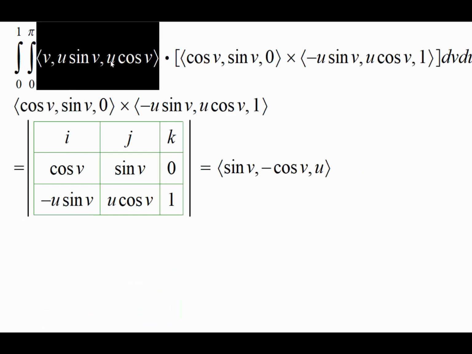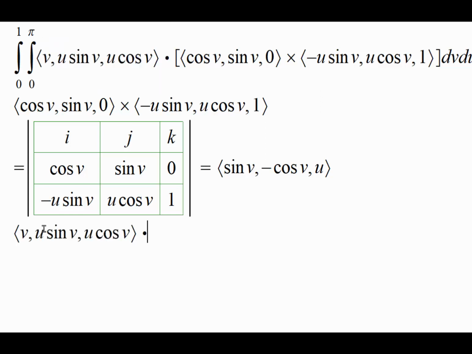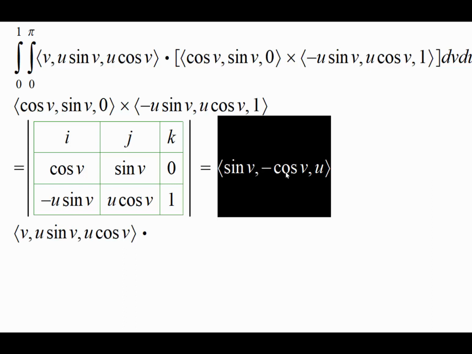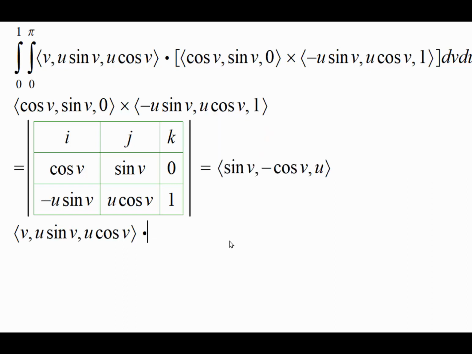And so when we compute this dot product, okay, so here we go, we are looking at this dot product here, and so this dot product is going to be v sine v, minus u cosine v sine u cosine v, or rather it's okay, it could have been the same, but let me just write it the way it was.